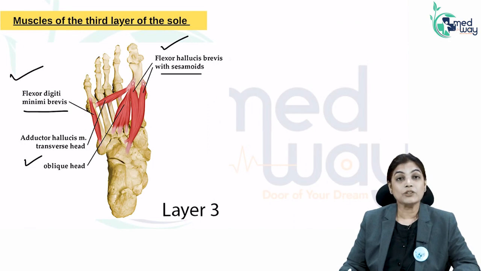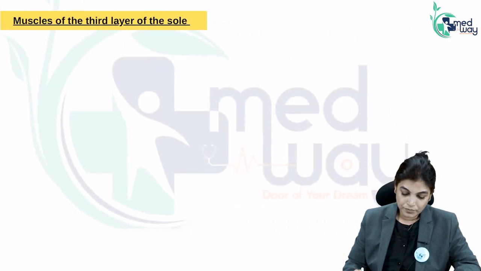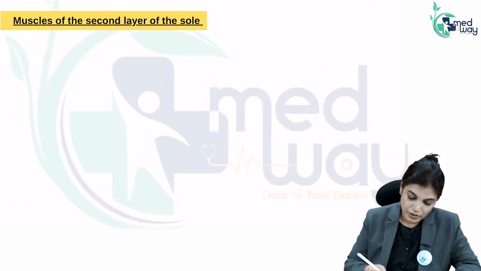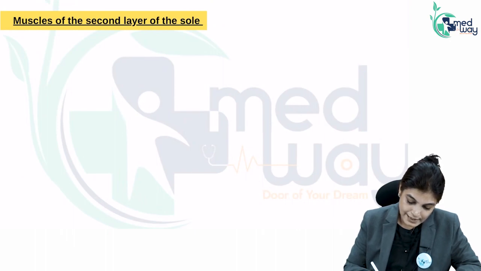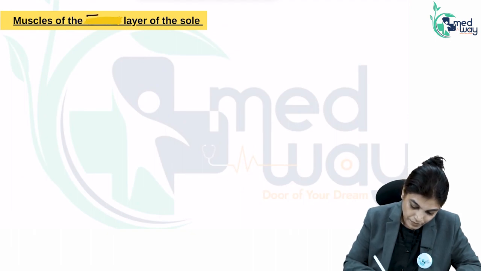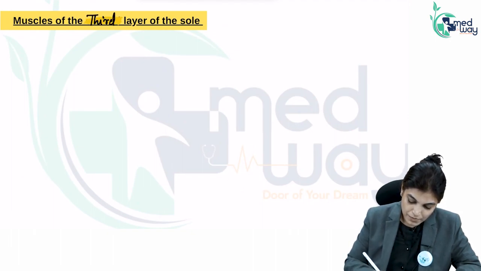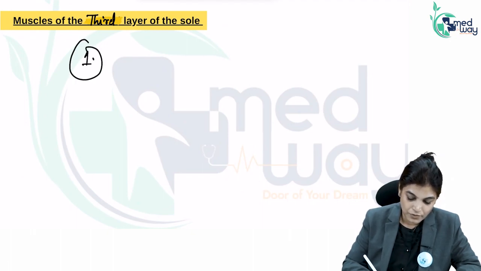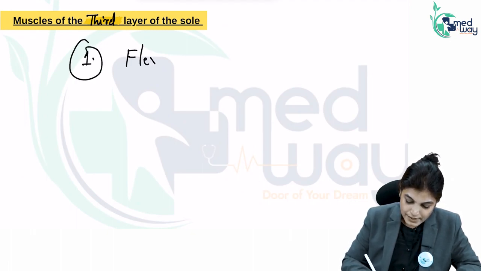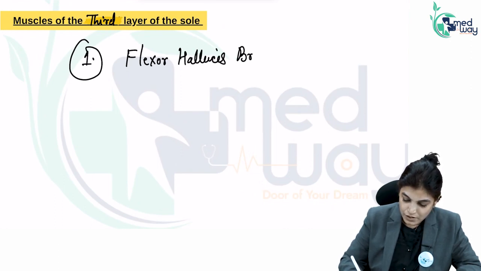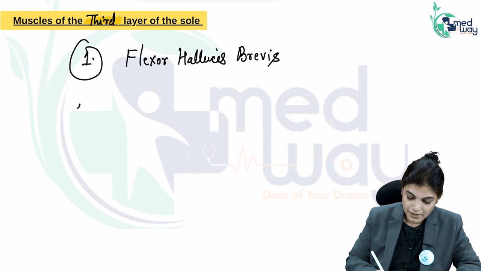Firstly, I want everybody to write down the names of these muscles. Muscles of the third layer, you can just write here third layer muscles, and write down the names. So the muscles of the third layer are the following. We have flexor hallucis brevis muscle in this list.